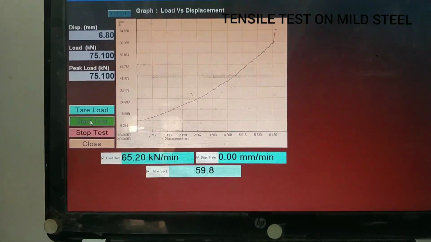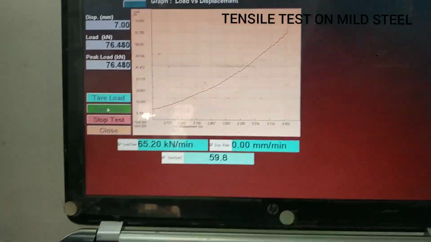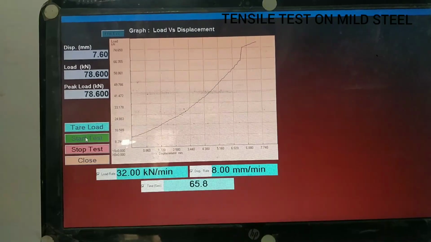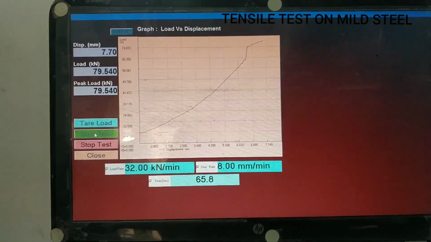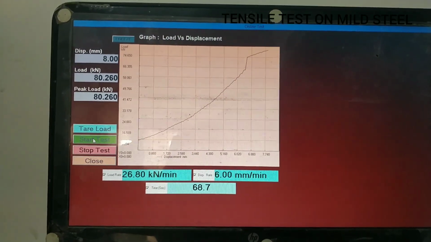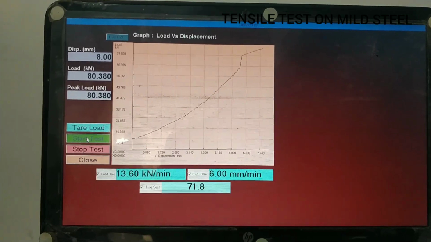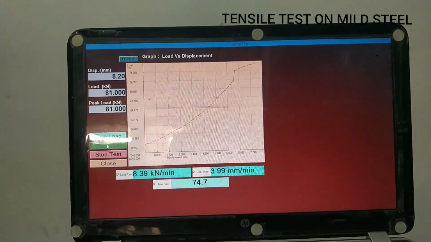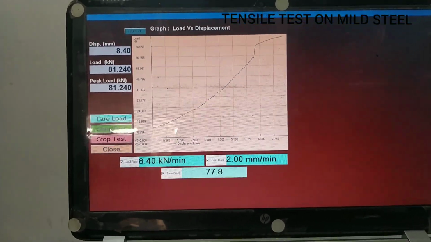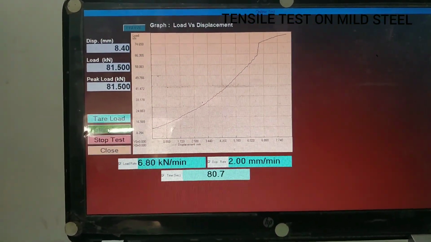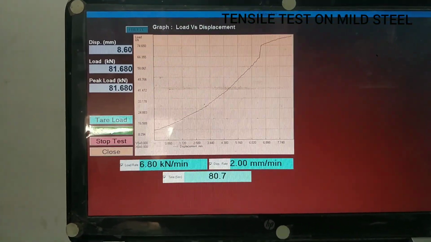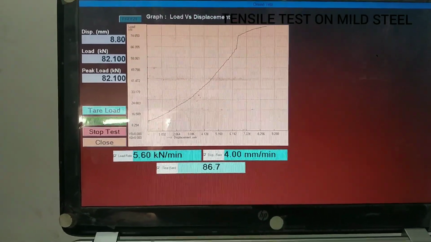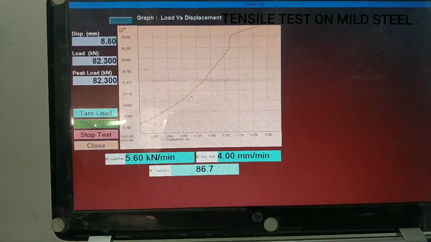The load being applied is around 75 kN, and 7 mm displacement is seen. At some point the peak load will be reached and the load value will start reducing. Means the peak load will be applied and then it will start reducing and will finally break.